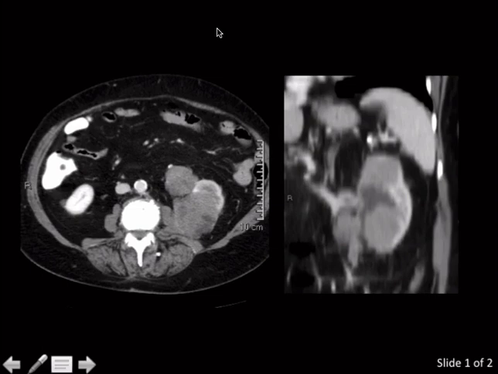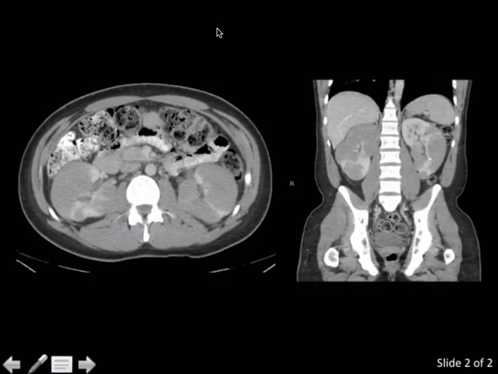And anytime you say the words homogeneous mass out loud, you need to follow that up with lymphoma. So this is another case, same pathology, different patient, also has homogeneous masses, bilateral kidneys.